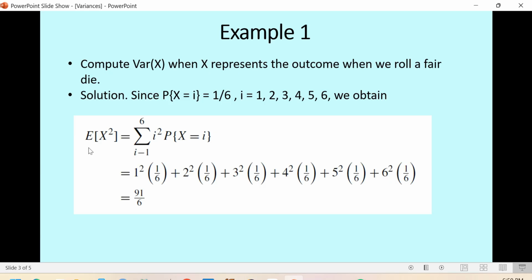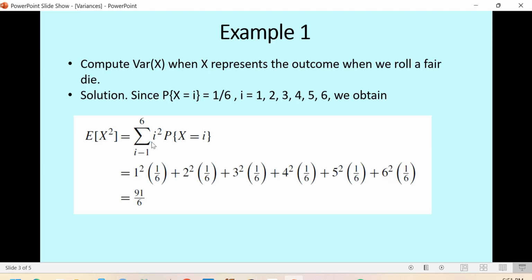We first calculate the expectation of X squared. The expectation of X squared is calculated by taking each value i squared times its probability.